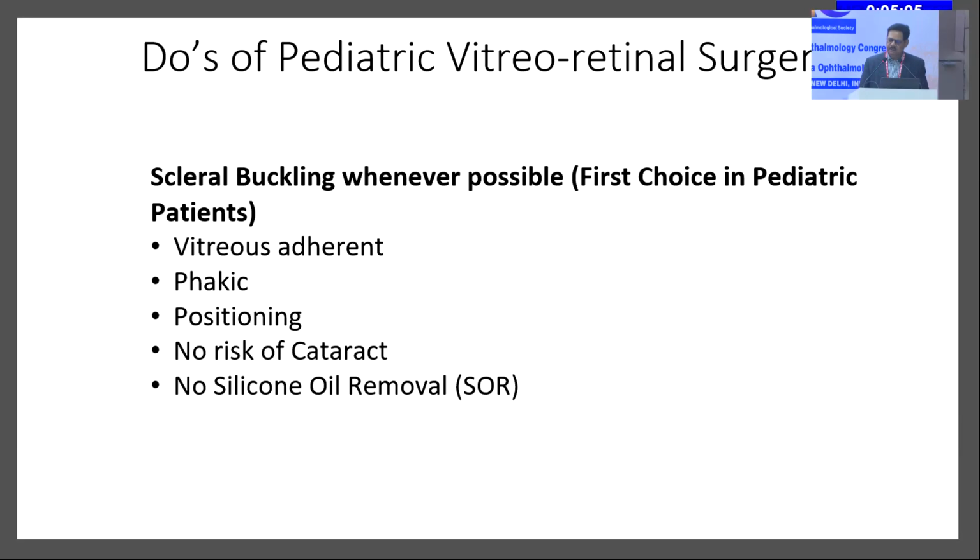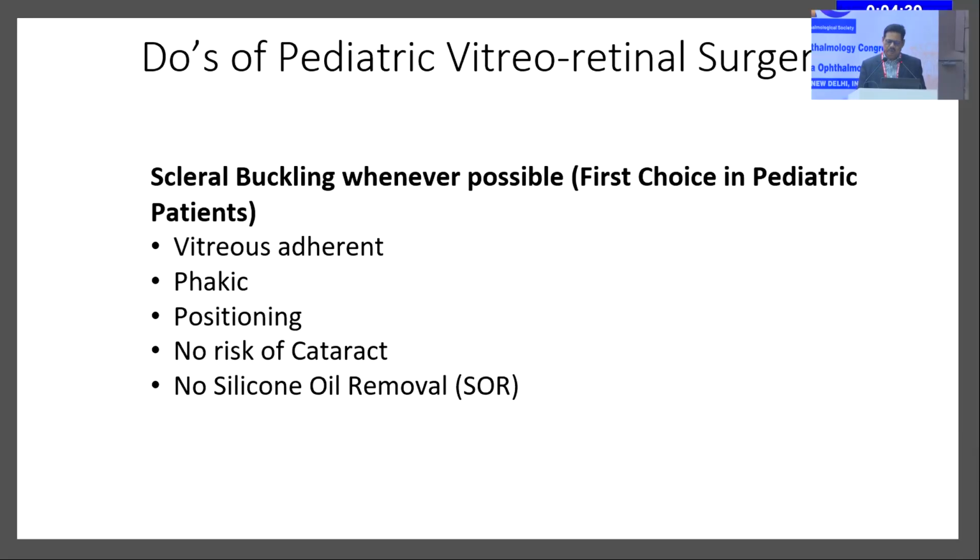Scleral buckling should be done for the simple reason that the vitreous is very tough and adherent, and also because it is a phakic eye, and invariably if you do vitrectomy, the chances of cataract become higher. The positioning in vitrectomy is a little difficult, especially when you use gases or silicone oil.